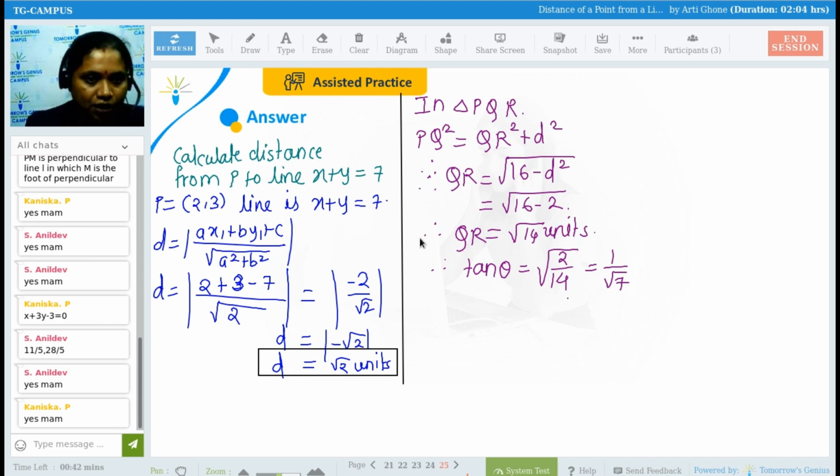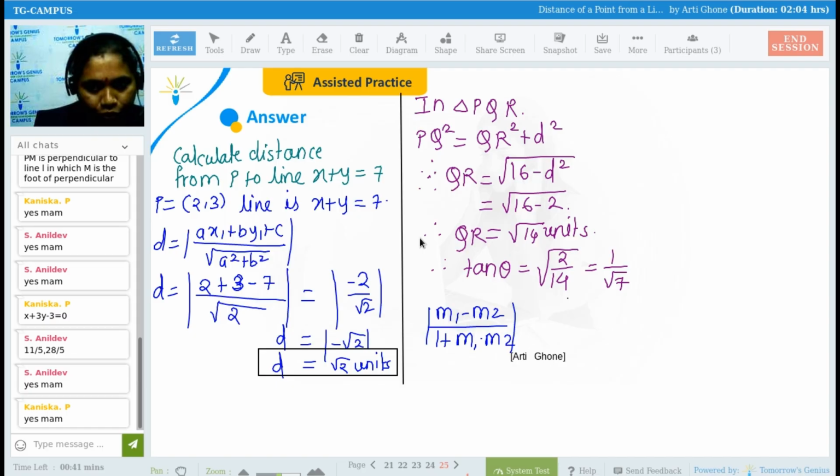Clear? Okay. Now, in terms of straight lines, what is tan theta representing? The angle between two lines, which is nothing but the modulus of m1 minus m2 upon 1 plus m1 into m2, is equal to 1 by root 7. Clear? So we got this one.